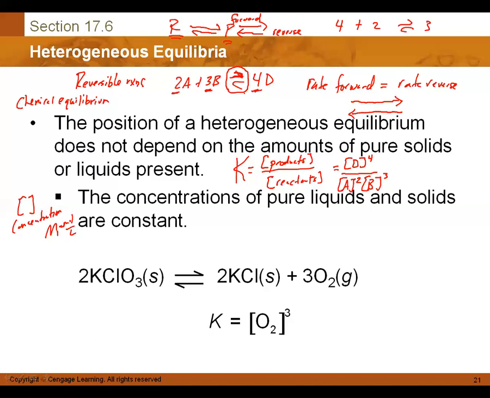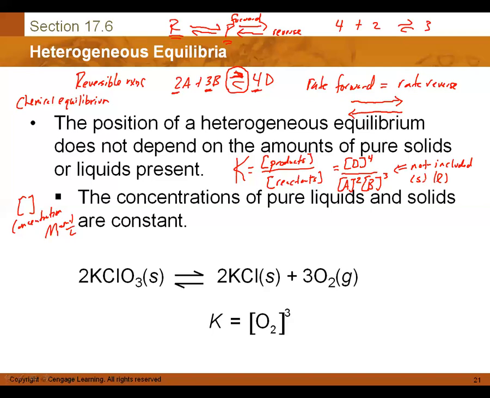Now, we also finished last time talking about certain things that are not included when you write these expressions. And the things that are not included are things that are solid and pure liquids. So a pure liquid, again, pretty much remains constant in terms of its concentration.